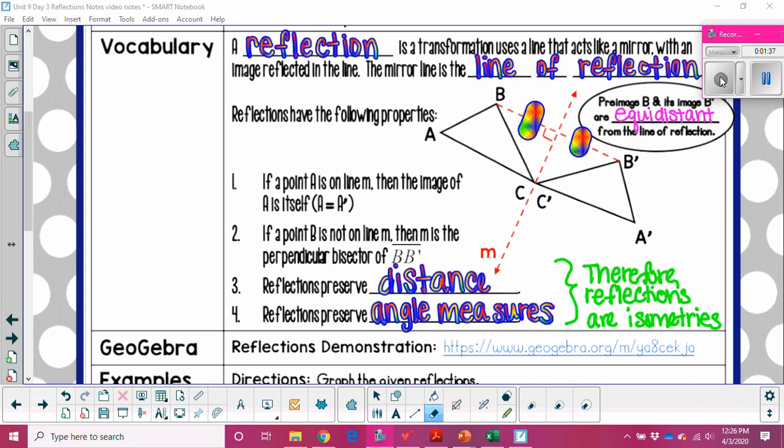That's congruent to that. Also, reflections preserve distance and angle measures, meaning that reflections are also isometries.